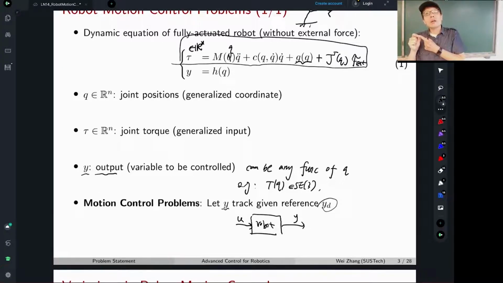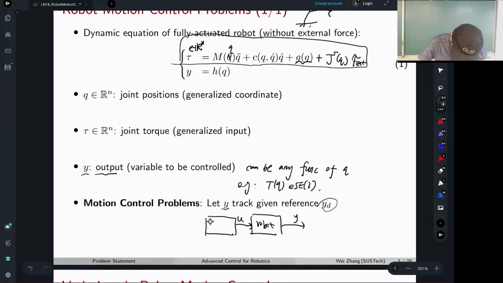If you just care about a particular joint, let's say the joint 5 position, then just joint 5. It's really up to your particular application. And the motion controller, in general, determines the control action that needs to be sent to the robot.